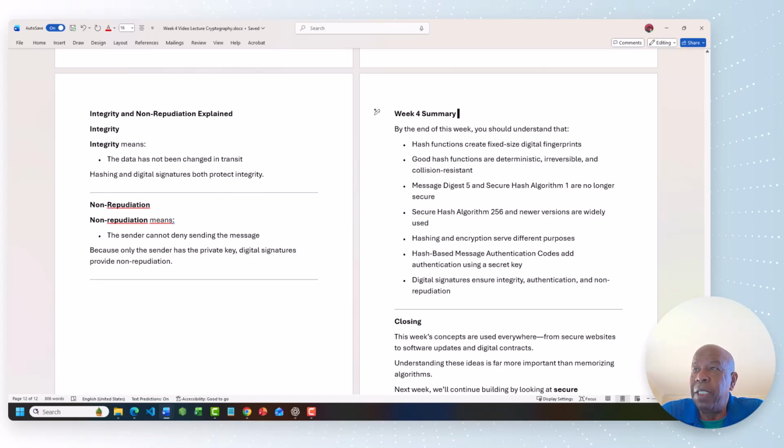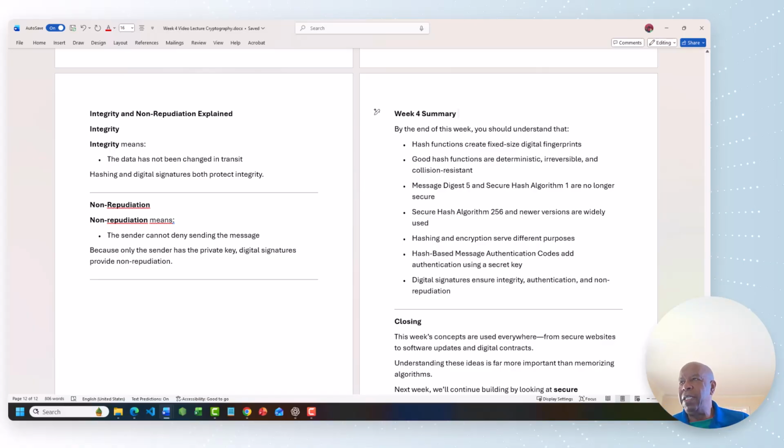Integrity means the data has not been changed in transit. Hashing and digital signatures both protect integrity. Non-repudiation, we talked about that, means that the sender cannot deny sending the message because only the sender has the private key, and digital signatures provide non-repudiation.